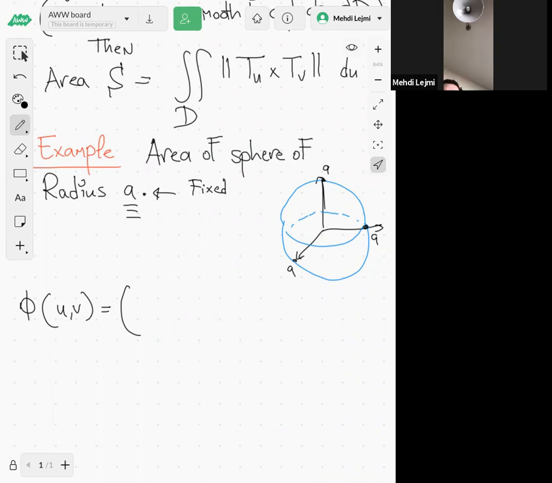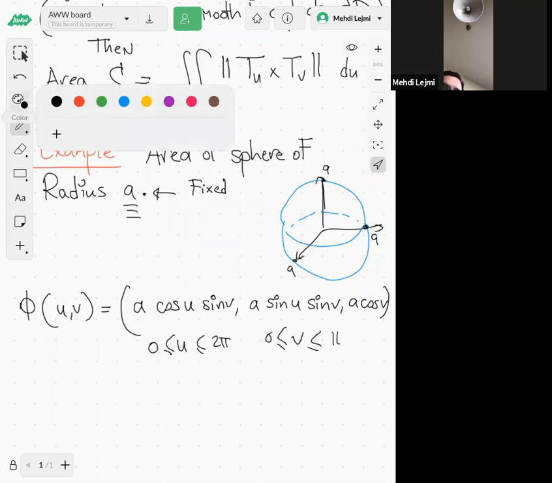It could be radius 1, could be radius 2. So the parameterization of a sphere of radius a would be phi of u, v equals a cosine u sine v, a sine u sine v, and a cosine v, where u is between 0 and 2 pi, and v is between 0 and pi.